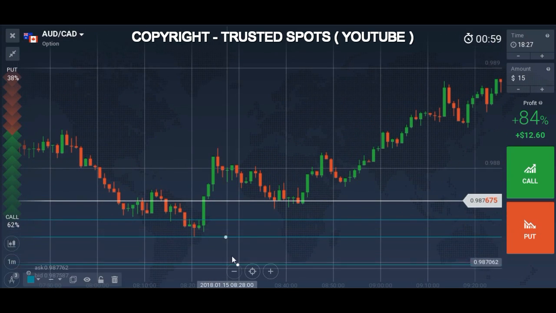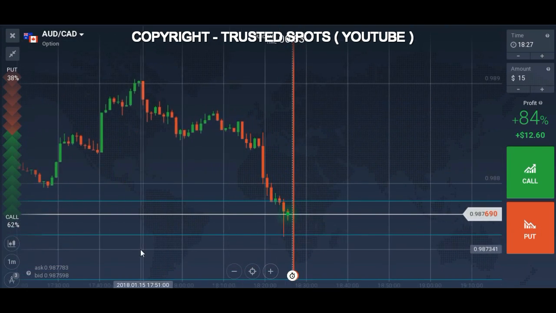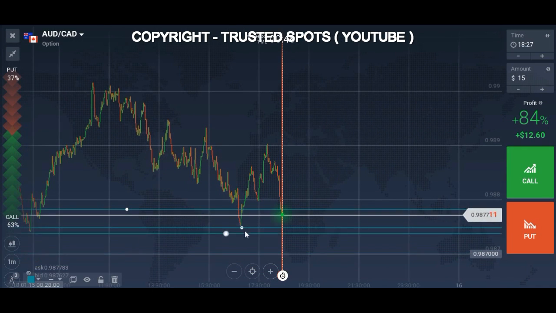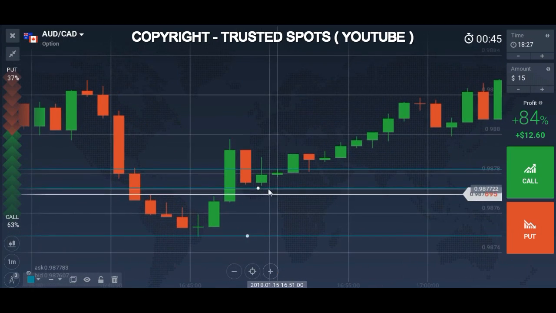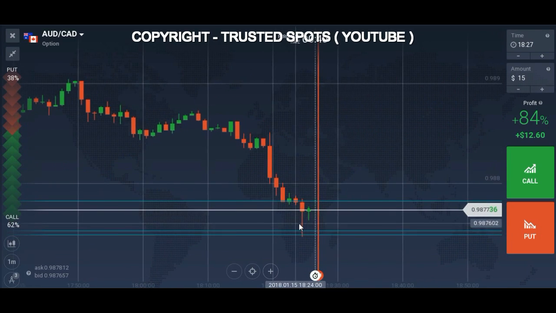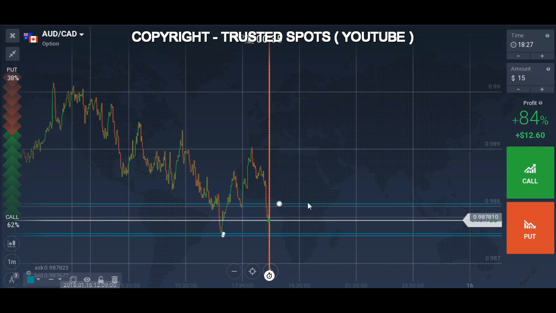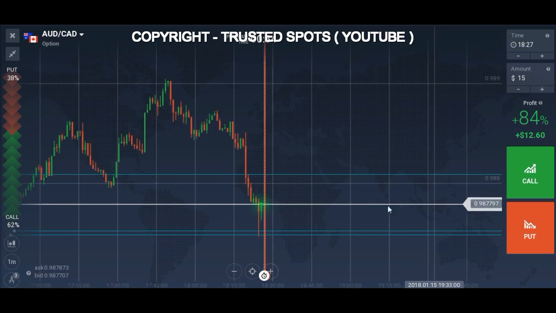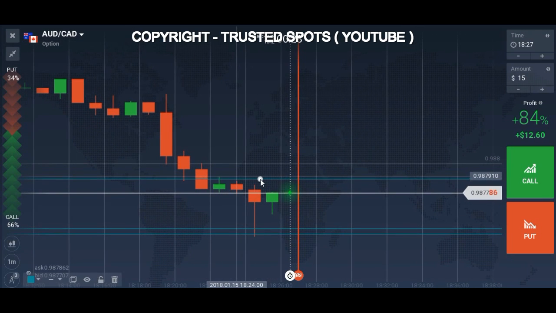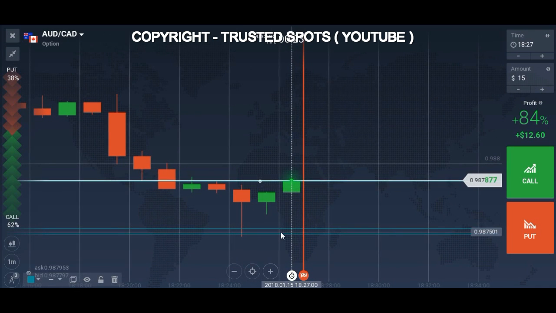Now I will remove this level so that you all should not get distracted. Let me make the whole area. So we have the whole area here, and I will draw the intermediate level, which is here.